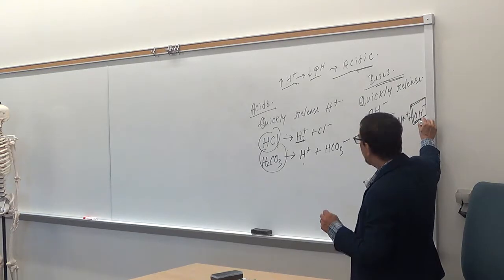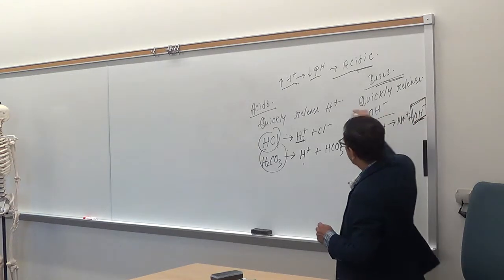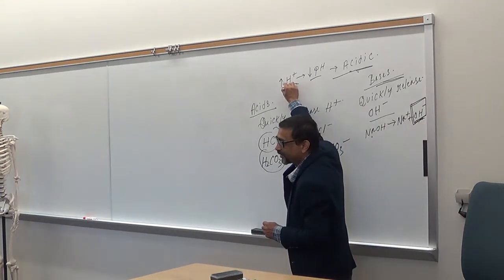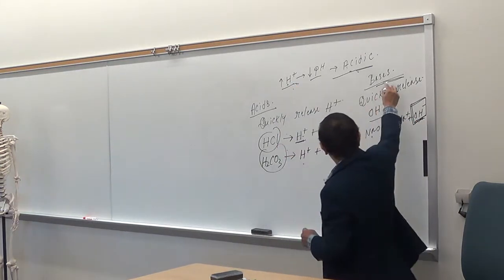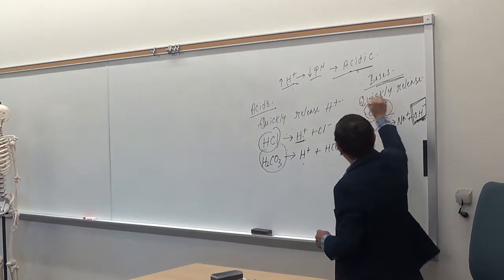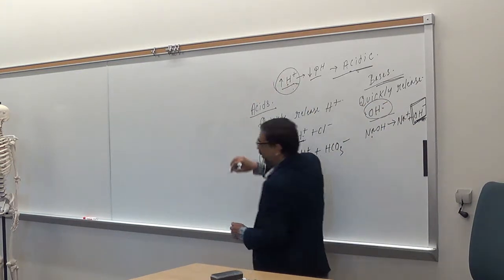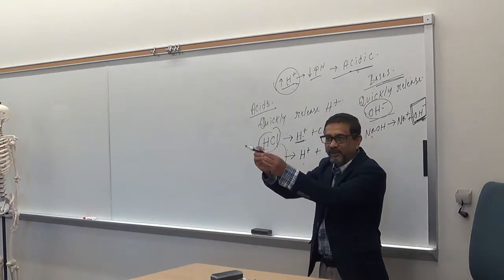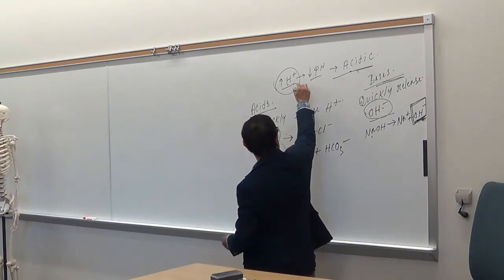Now let's see how. OH removes this. When hydrogen ion concentration increases in your body, bases will quickly produce OH, right? Because they can quickly produce OH. And this OH will bind with this hydrogen, plus minus, right? They will quickly join to each other to form what? You know that.